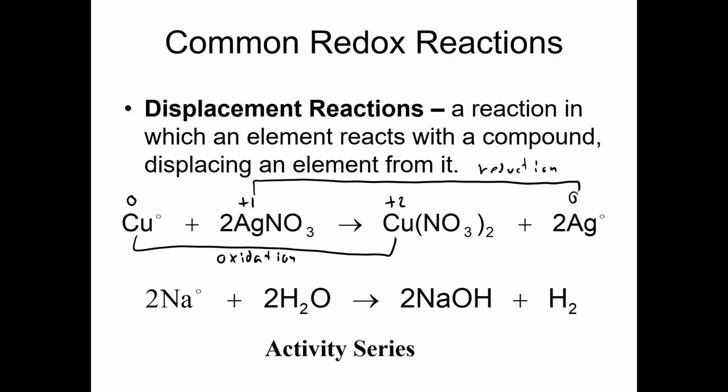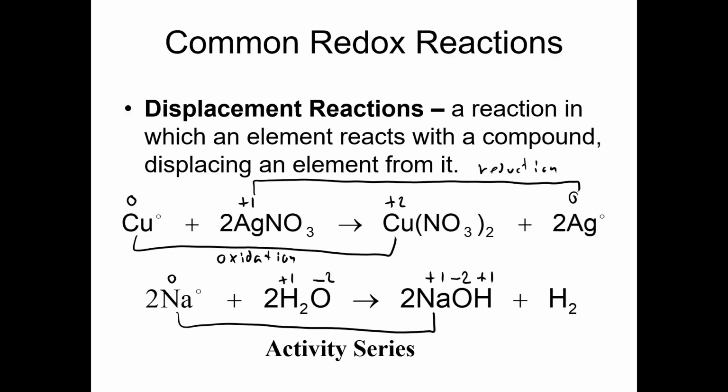Similar reaction here. Sodium 0 going to sodium +1. That's oxidation. Those electrons that are given off go to the hydrogen. The hydrogen here is +1, and the oxygen is -2. And here in the product for hydroxide, the hydrogen is still +1, and this oxygen is still -2.